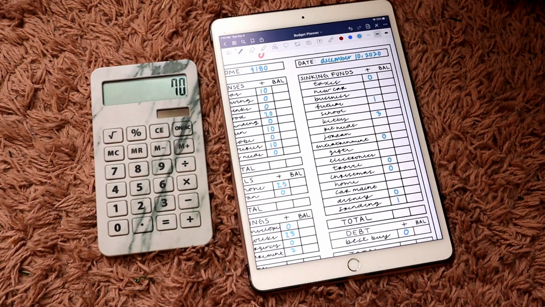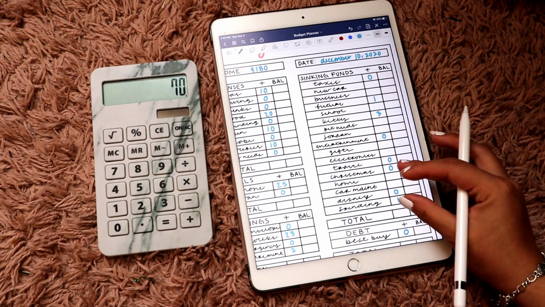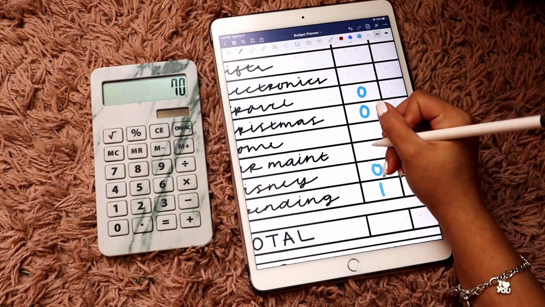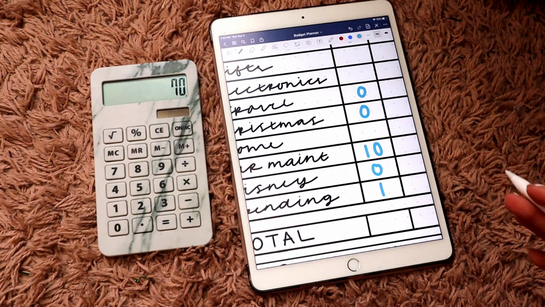So as for sinking funds, when I go through and put my $1 bills already and I'm left with the things that I want to get more than $1, now I kind of just go based off priorities. So I know that car maintenance is something that I typically always need money for, so I would probably go ahead and put $10 in that, because for me $10 is a good amount.